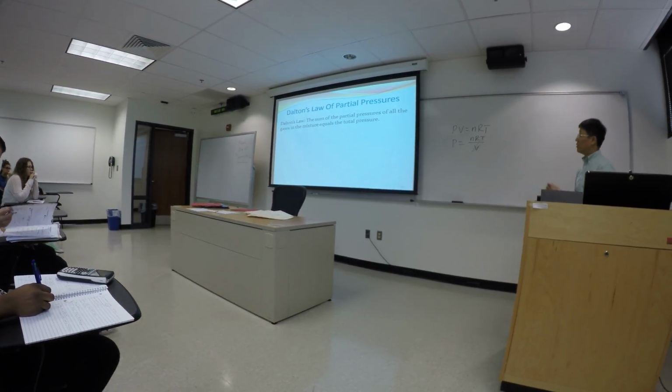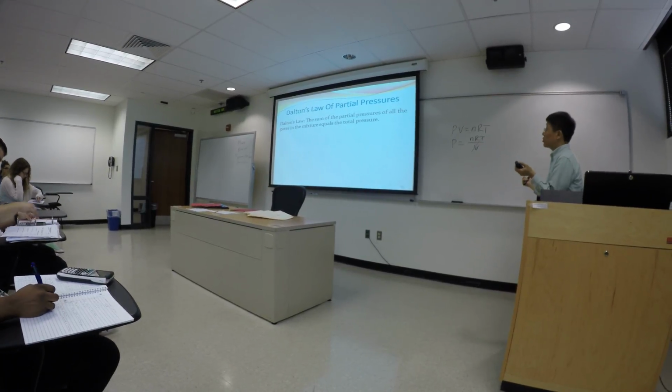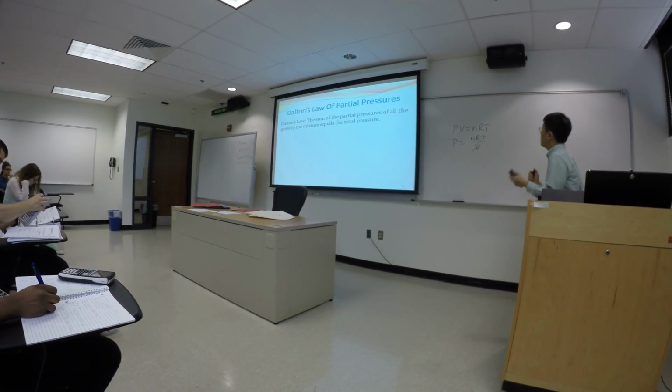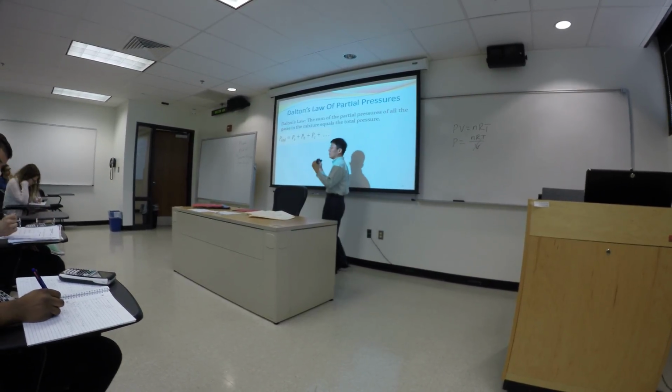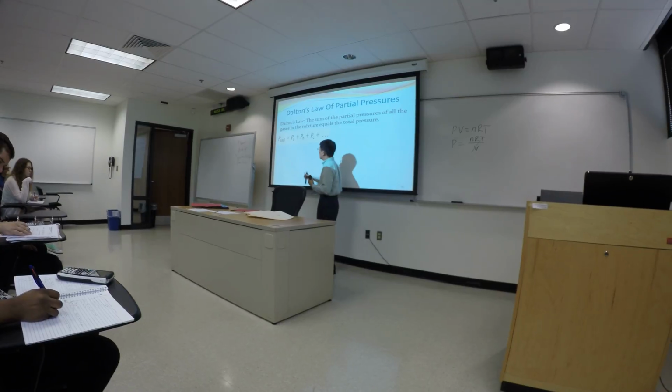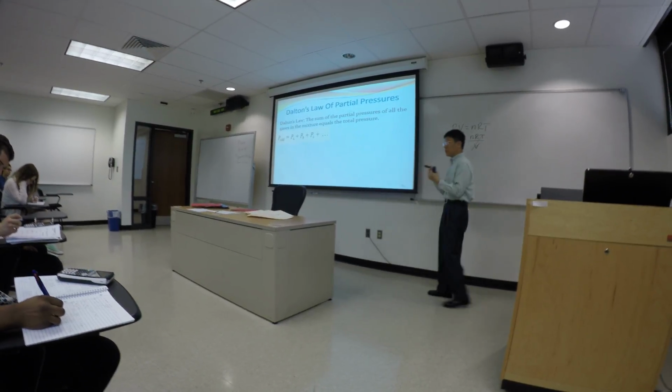Dalton's law basically says the sum of the partial pressures of all gases in a mixture equals the total pressure. So in the mathematical equation, if you have a mixture of gas A, B, and C, total pressure equals PA plus PB plus PC.